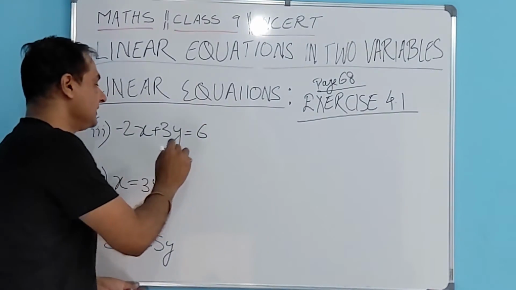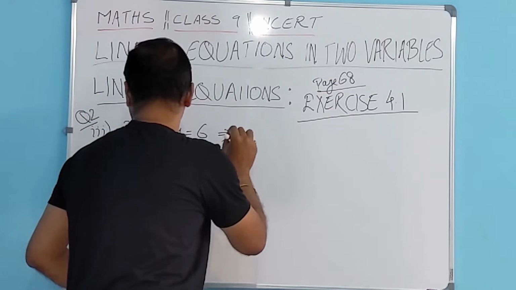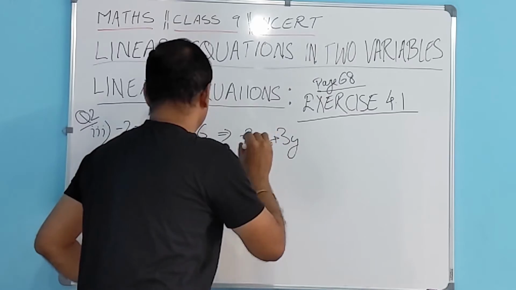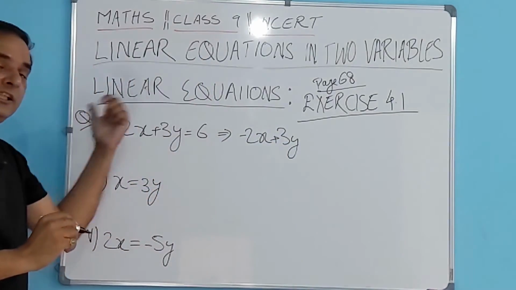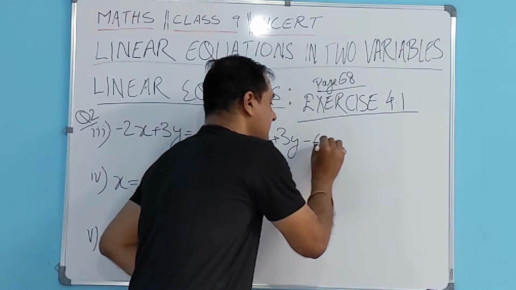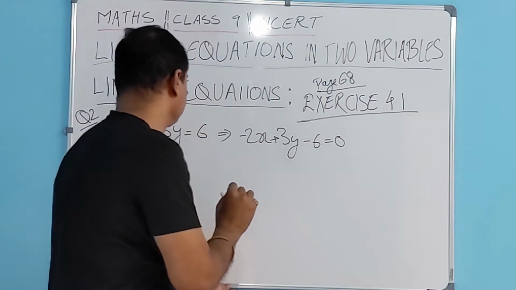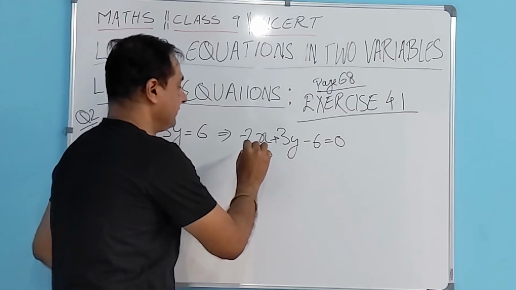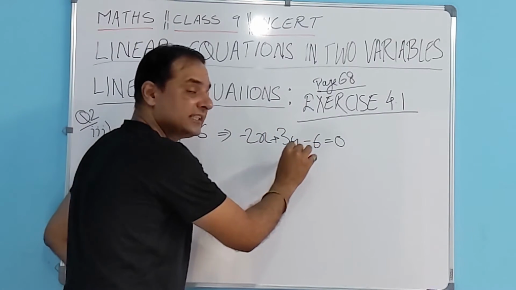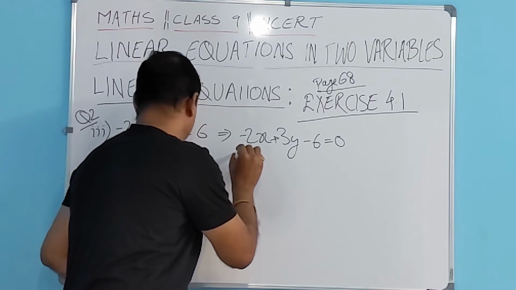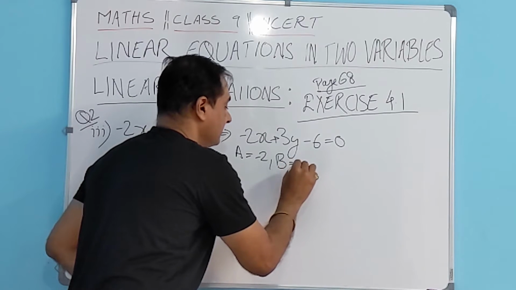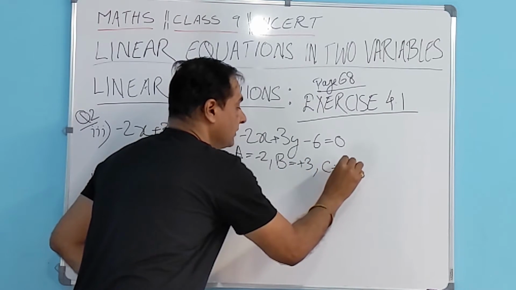So question number 3, we can write this as minus 2x plus 3y, and if we have to bring 3 on the left hand side, it will come with minus sign, so minus 6 equals to 0. Here again, if you look at a, it's minus 2, b is plus 3 and c is minus 6.